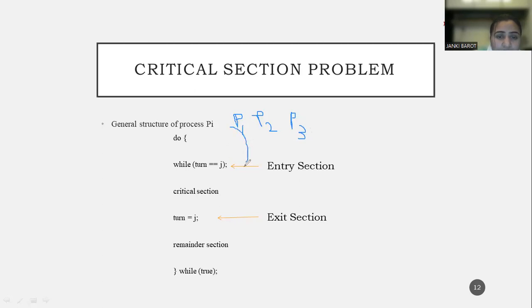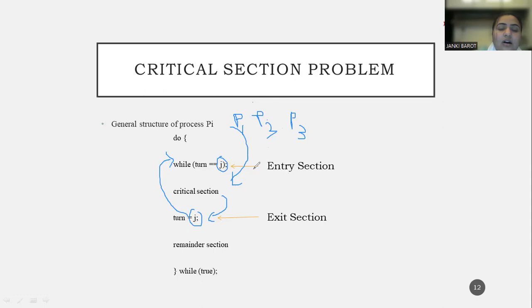When P1 enters the critical section and completes its execution, it needs to change J's value so that the next process, P2, gets the signal that now it's its turn to enter the critical section.